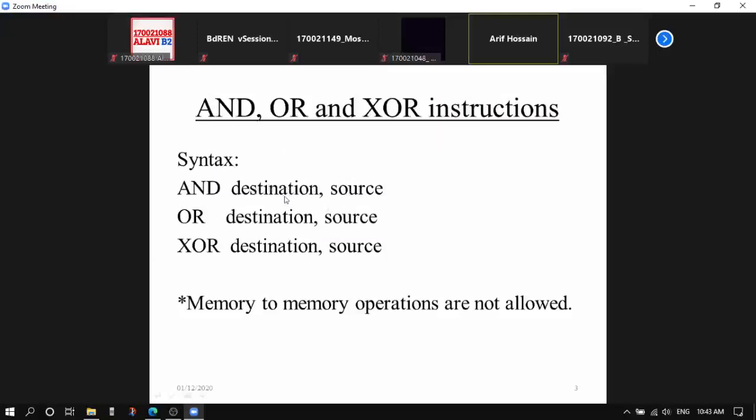You already know all these things. There is one slight limitation: memory to memory operations are not allowed. But you can have register to memory, memory to register, or constant with register, and all these are okay. Everything clear? We will see a lot of examples.